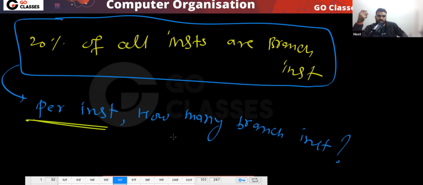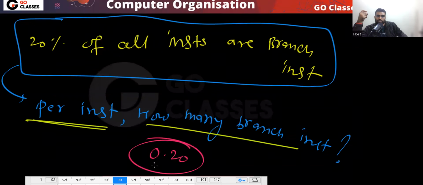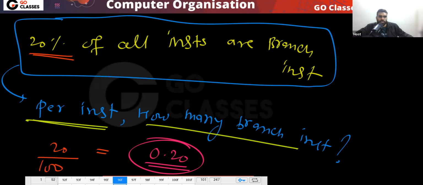That will be 0.20, because it is 20 divided by 100. So 0.20 branch instructions per instruction.